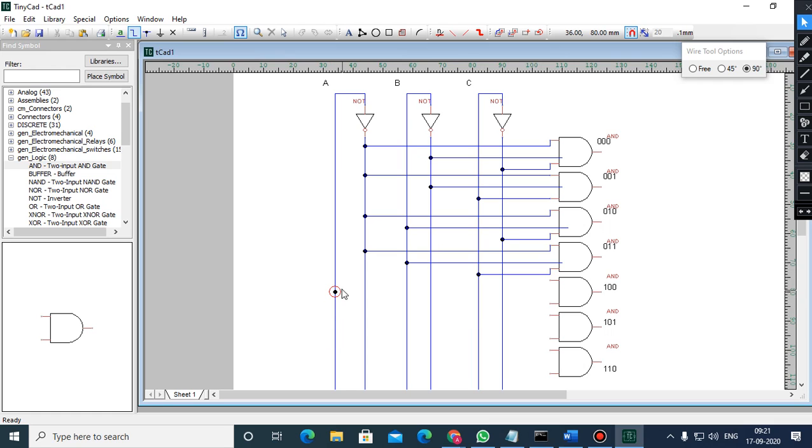This one is 100. So 1, 0, 0. This one is 101, and this one is 110.